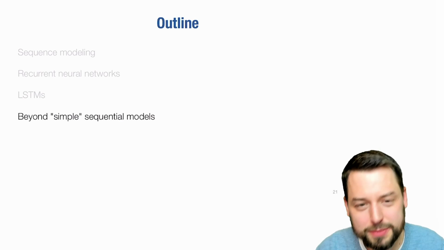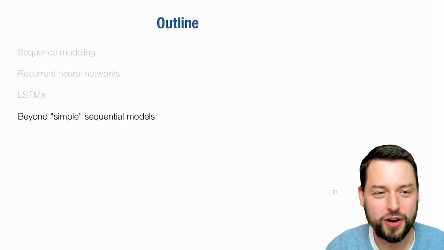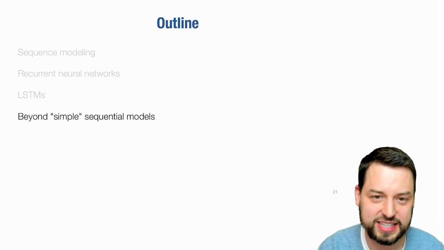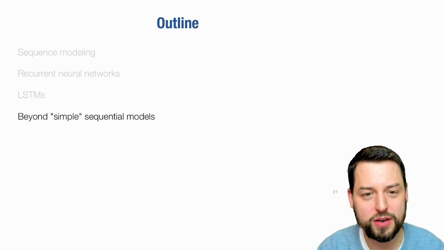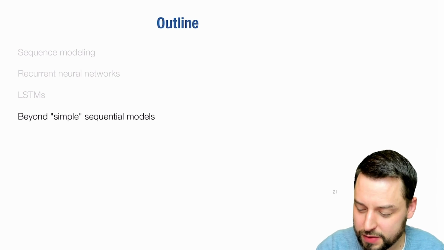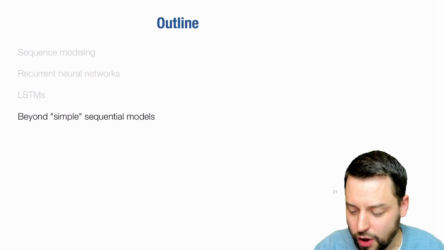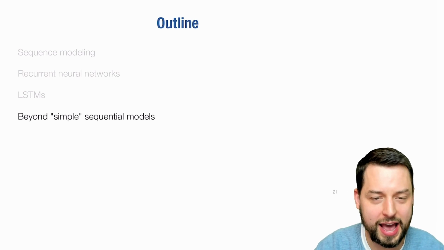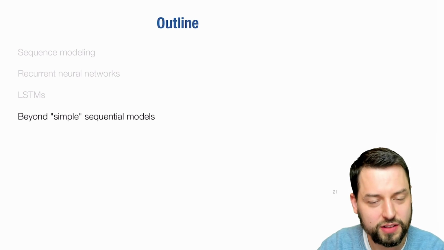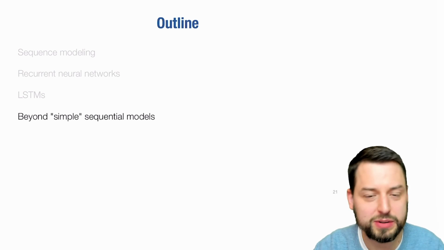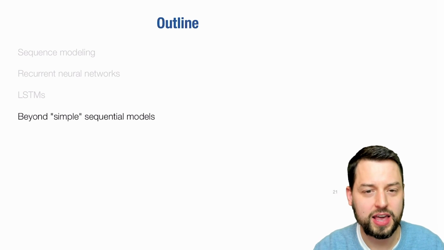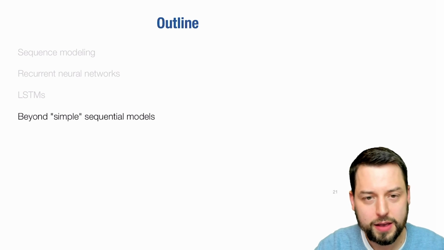Okay, so that's the majority of what I want to talk about today for RNNs, but I want to end with two last points about more complex things you can do with RNNs beyond just simple sequential modeling. RNNs, as I formulated them several slides ago, had a sequence of inputs x1 through xt, and for each of these you predicted a sequence of outputs.